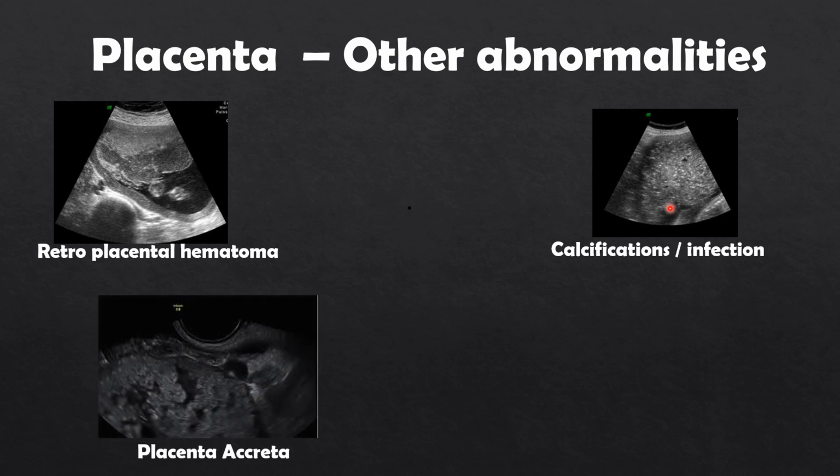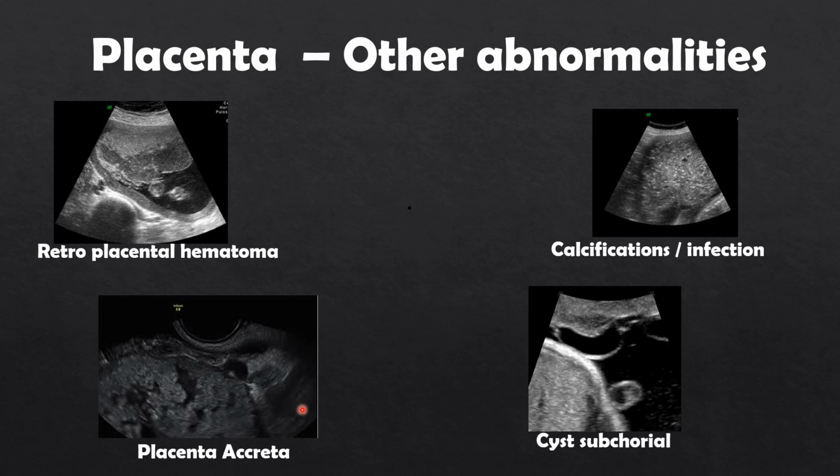In the third case, we have a placenta accreta and previa. We can no longer see the thin basal line separating the placental mass from the uterus, with infiltration of the neighboring organs. In this case, we can see large vascular lacunae within the placenta.